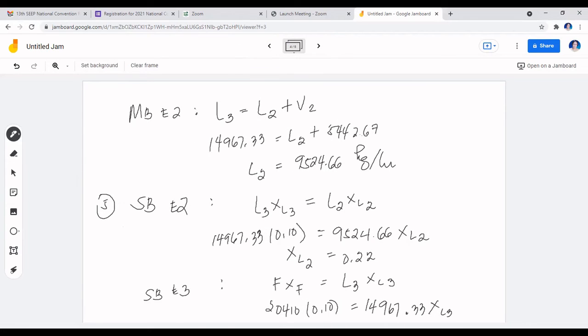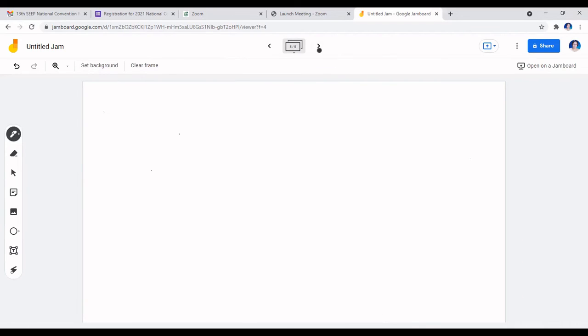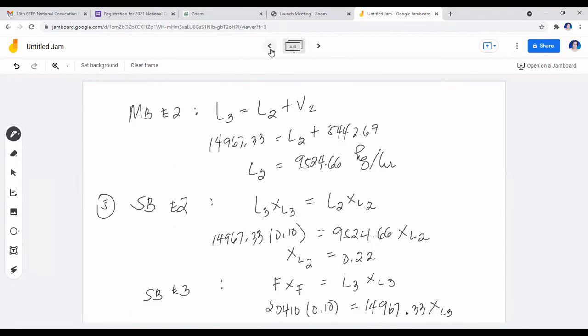XL3 to be, this is our equation. XL3 is, so we have, your equation is in here.